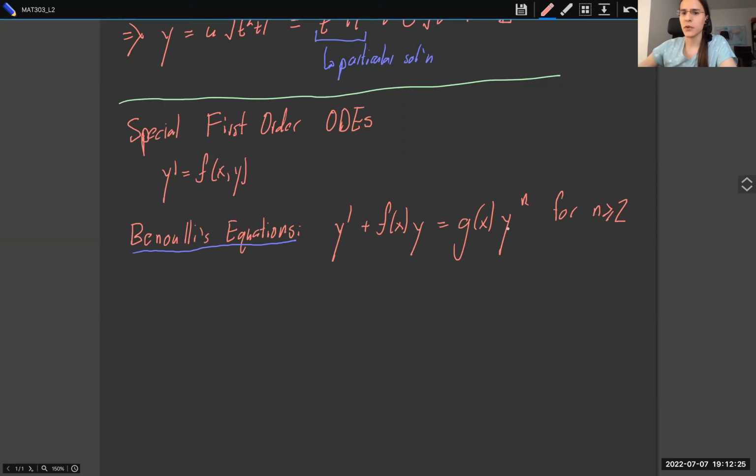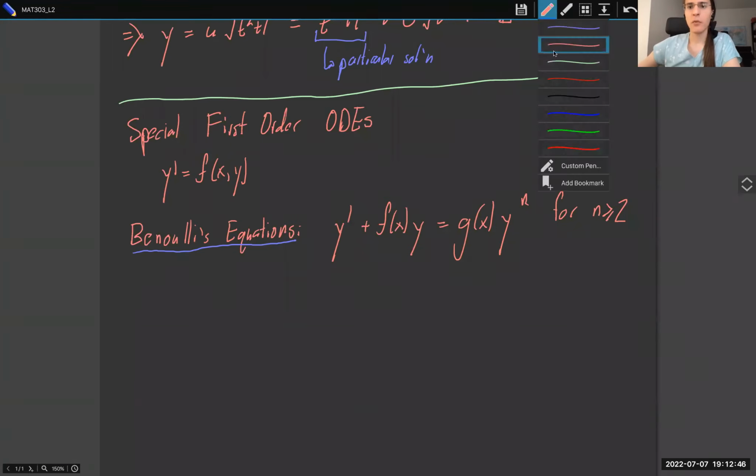And if n is equal to 0, then this just becomes 1, and then this is just a general first order linear equation. But if n is greater than or equal to 2, then this isn't linear because we have y squared or y cubed, etc., right? So this is not a linear equation, but we can solve it in general by reducing it to a linear equation.